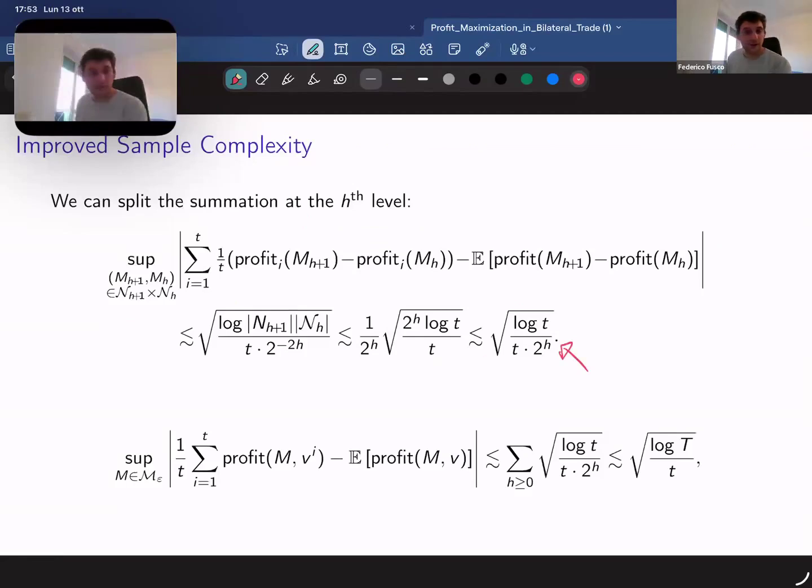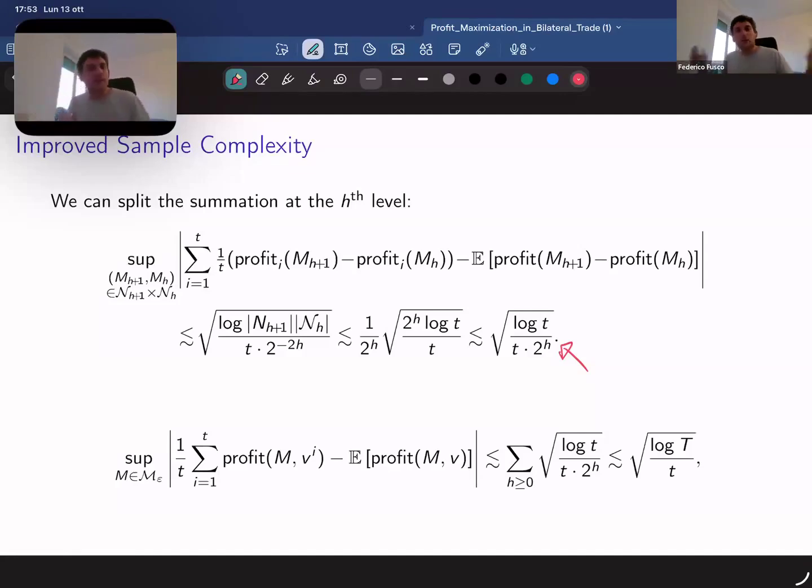In particular, now, if I get to our goal, so getting a uniform convergence bound for the epsilon simple mechanisms, I can decompose the error with this summation. I can apply Jensen inequality and everything works nicely. And so the error that I make along a sequence is just the sum of the errors that I make in each level of approximation.